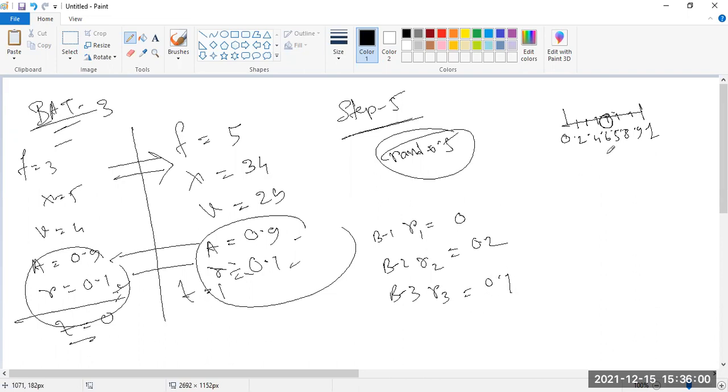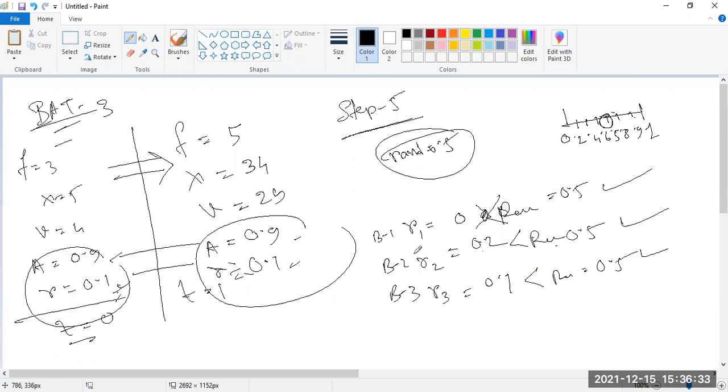So if you select this random value 0.5, then you can see the random value is greater than these r values: 0.5 is greater than 0.1. So it is the true value.